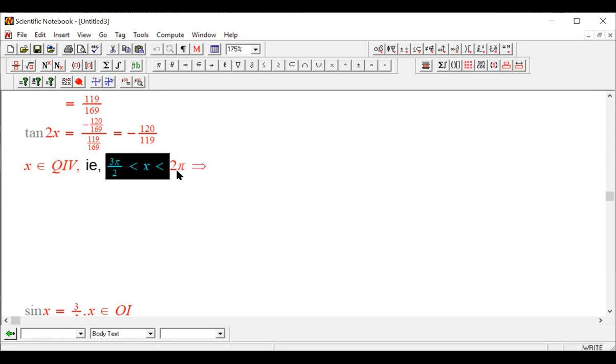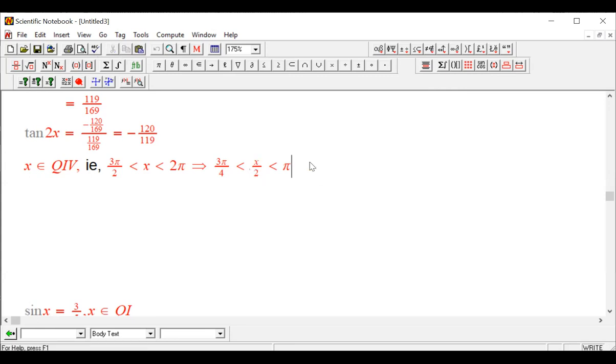I'm going to divide this inequality on every side by 2. This one divided by 2, that's going to be pi. This piece divided by 2, that's going to be 4 pi over 4. And pi over 2, which quadrant is this?